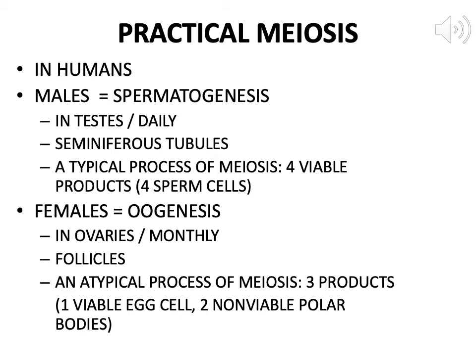So rather than producing 4 equally sized cells with maybe 25% of resources in each one, what I'm going to try to do is generate one cell with 98% of the resources and then produce like 2 other products that aren't going to contain any resources at all, because I'm basically putting all my resources into the egg cell.